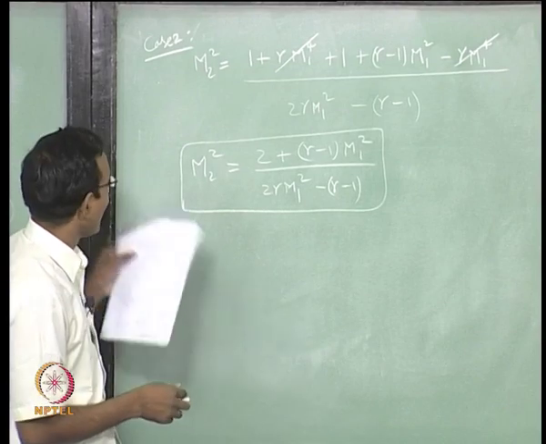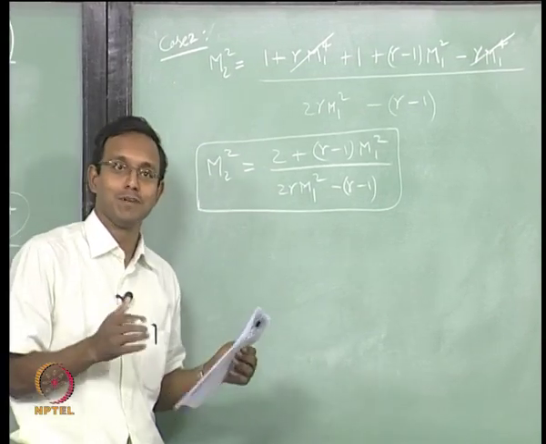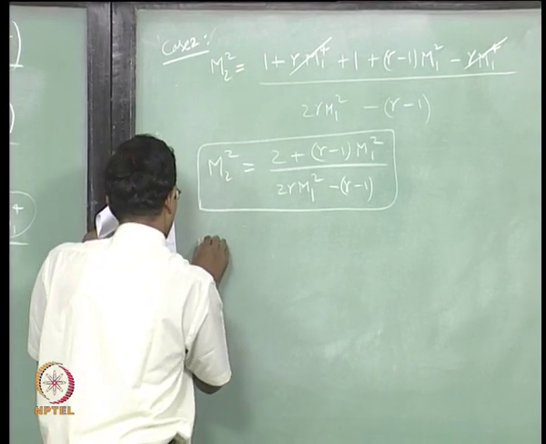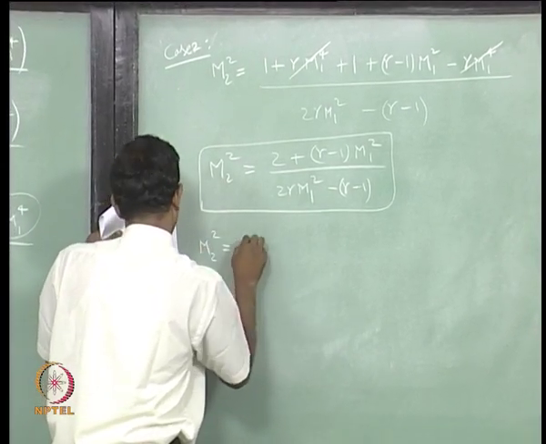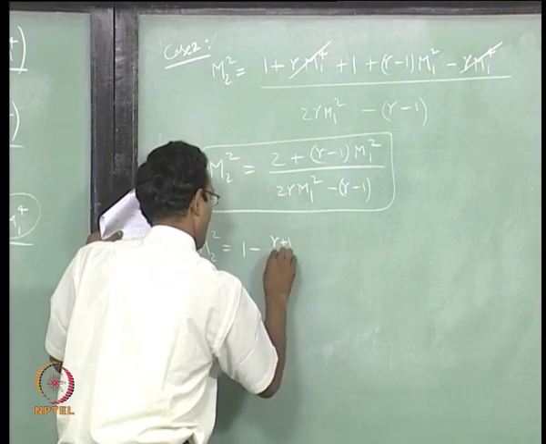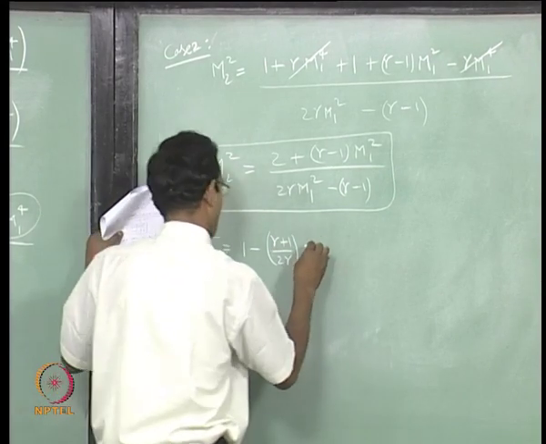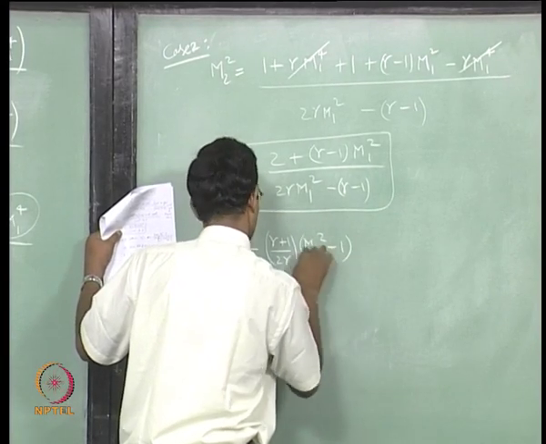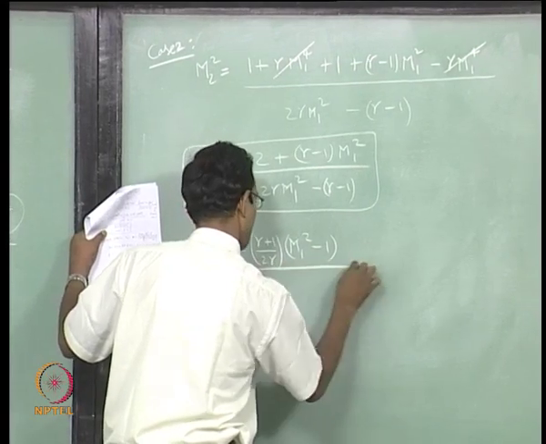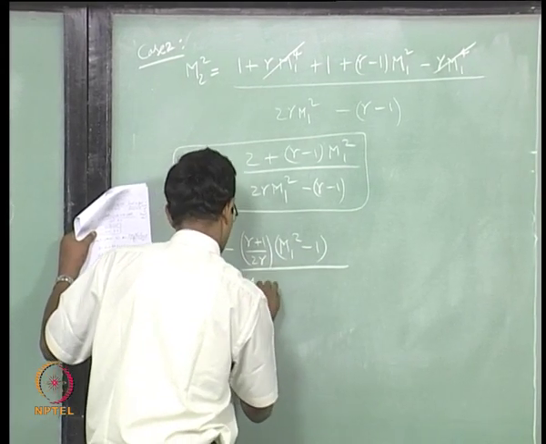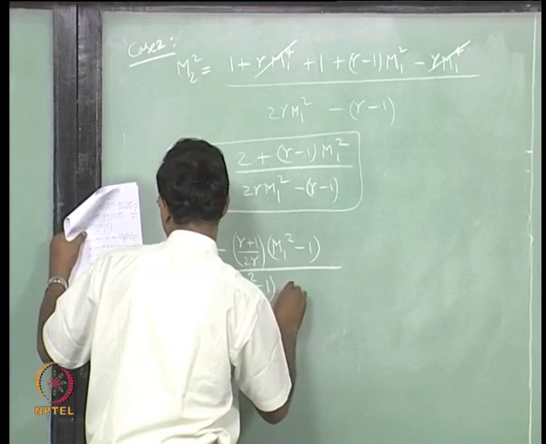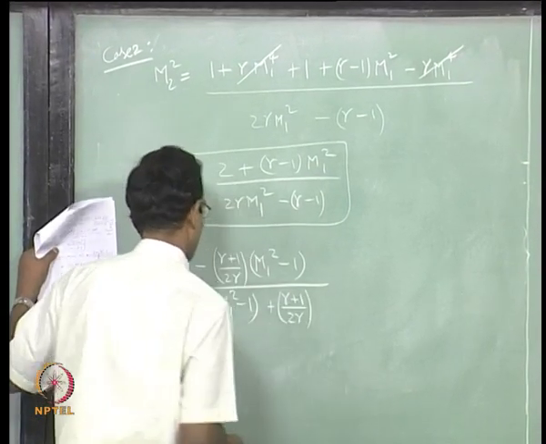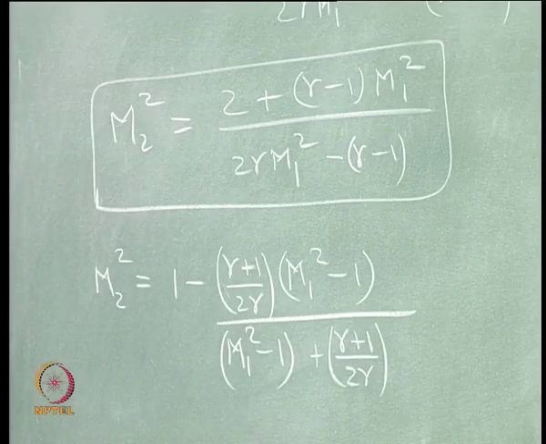Now, I can rearrange this, I will not go through the algebra here, it is not important. I can rearrange this and go to a point where it looks like this. I can get it to this form.